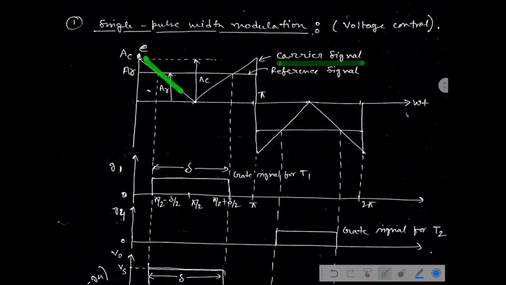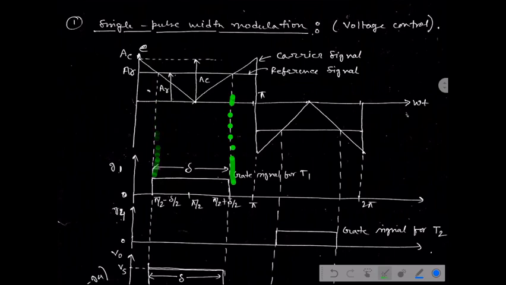This is the triangular shaped carrier signal having the amplitude AC, and this is the rectangular shaped reference signal having the magnitude AR. This is the point where both signals coincide, through which we can determine the width of the pulse.